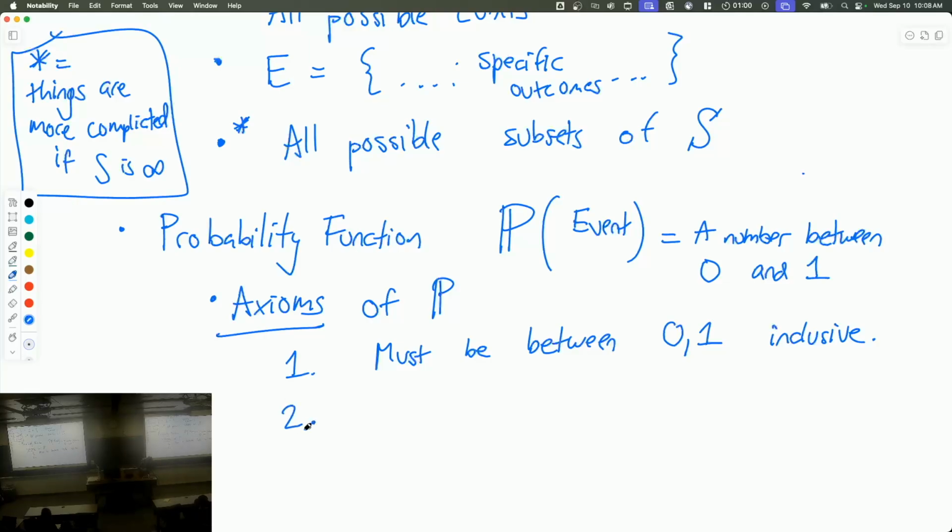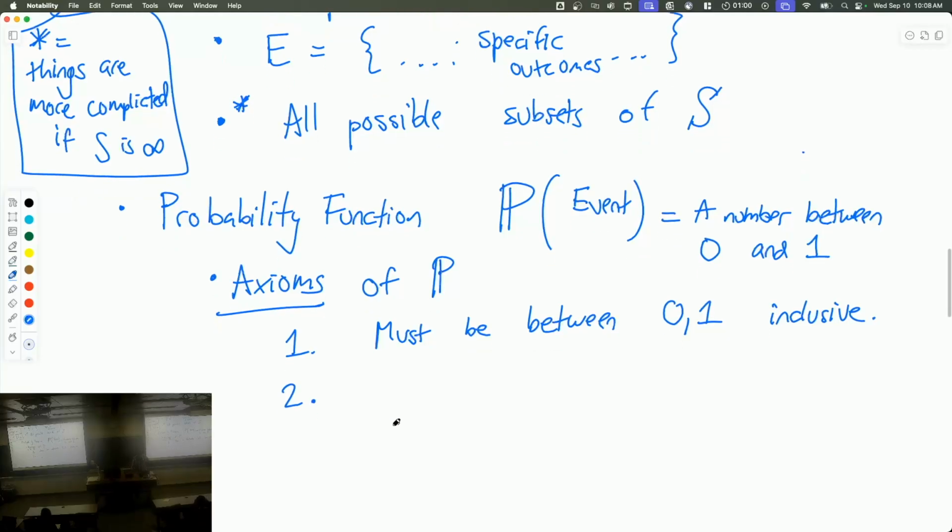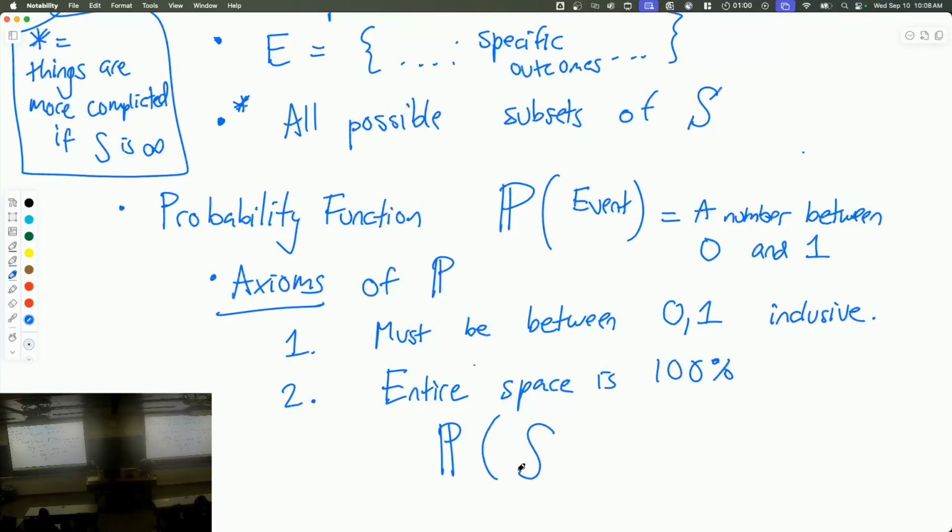The second axiom is that disjoint things add. This is an important axiom. Actually, let me do that as the third axiom, because it's the most complicated one. Let me do the simpler axiom first, which is that the entire space is 100%. The probability of the entire sample space S is 1.